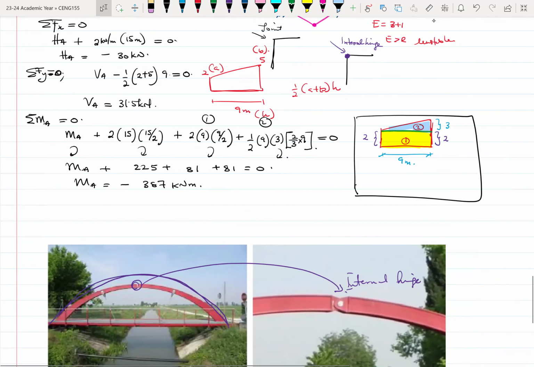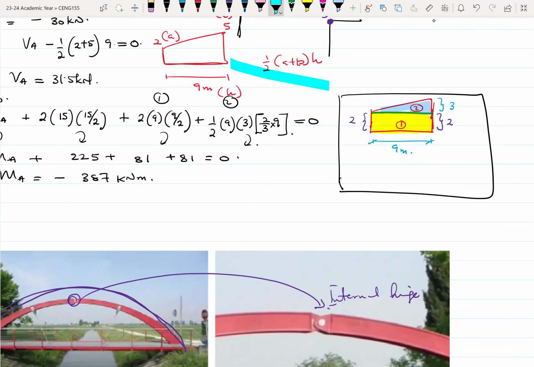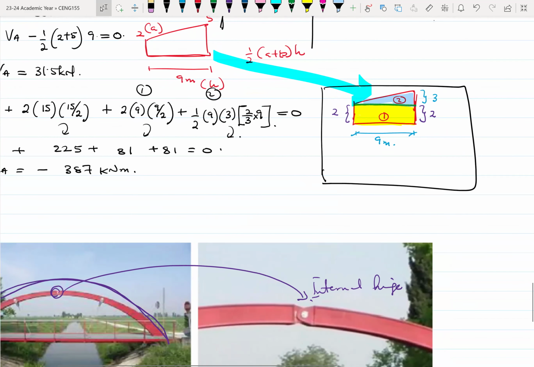The other way to look at it, since we broke this into two, is to find the area of the separate parts. For part one, the area is 2 times 9, which is 18. For part two, the area is half 9 times 3, which is the height. 27 divided by 2 is 13.5.